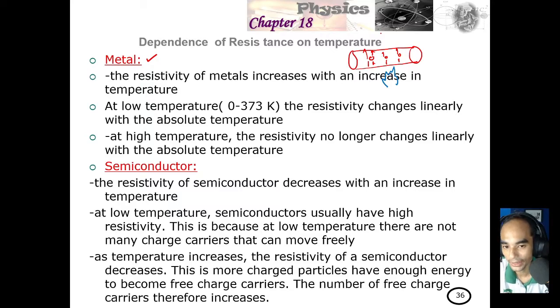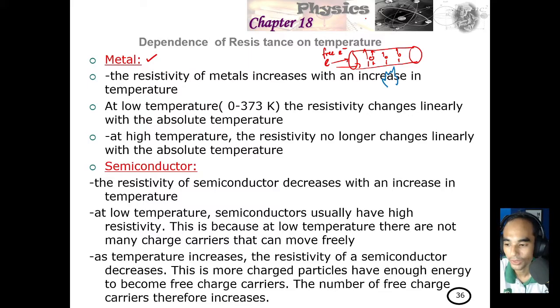What happens is the free electron can hardly pass through from one side to the other. The more you increase the temperature, the bigger the vibration of the lattice atoms, and the smaller the number of free electrons that can pass through from left to right, because the amplitude is higher and higher.